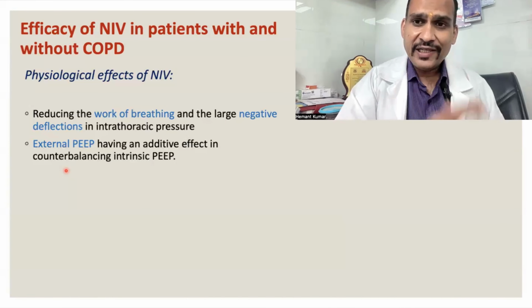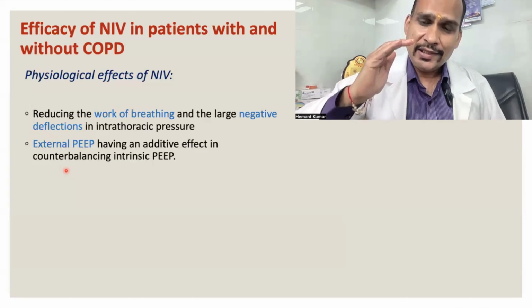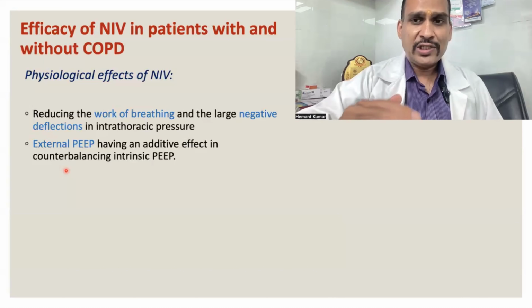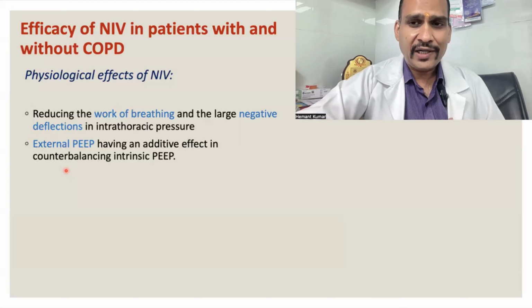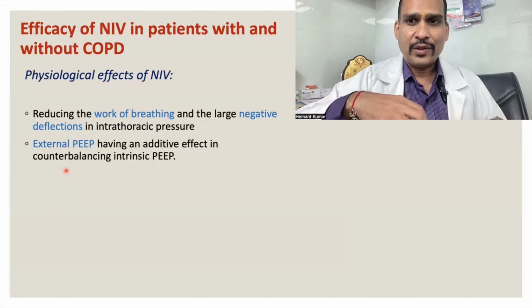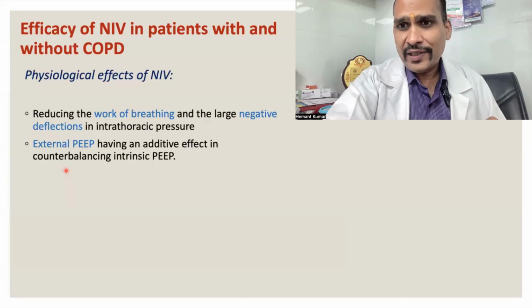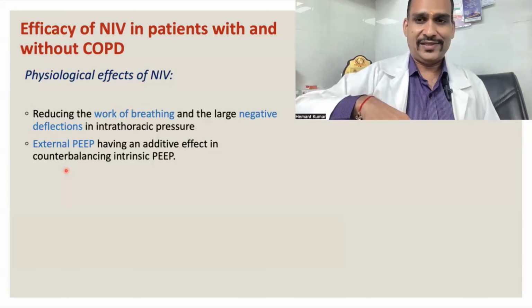So in this weaning failure, how will NIV help? As you know, in negative pressure ventilation or spontaneous breathing, the muscle is not able to generate enough tidal volume for the body. Okay, so once you apply NIV, it will give positive pressure and it will support the respiratory muscles.